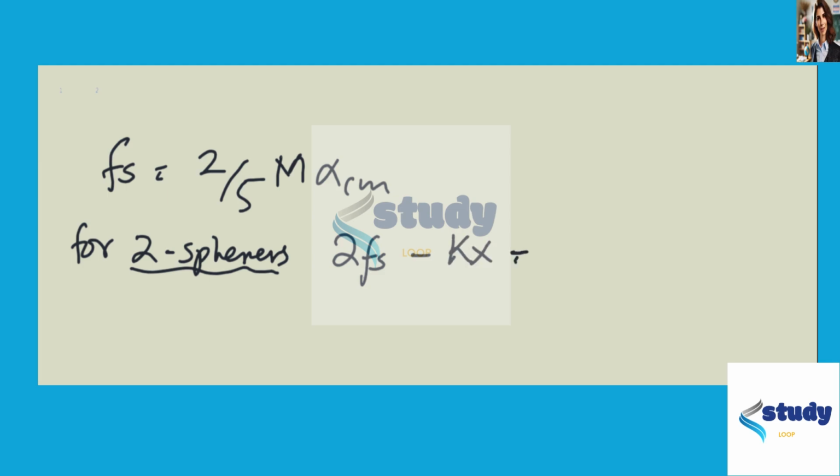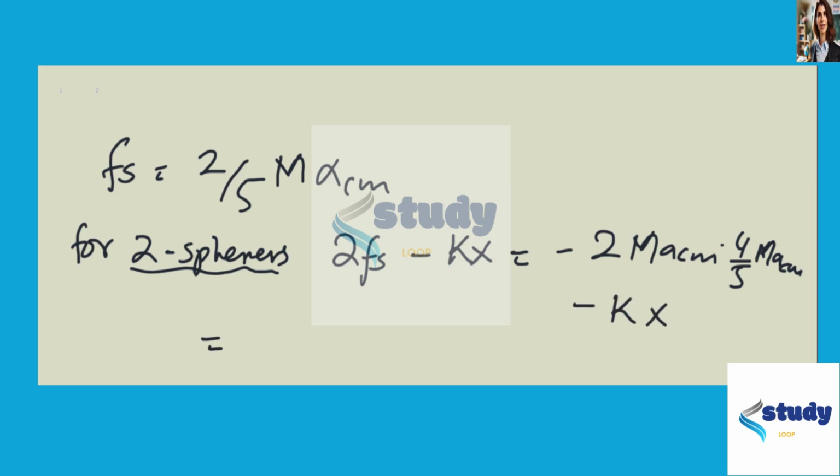For two spheres, we can write 2 times the force of friction minus kx is equal to minus 2 m a center of mass, which is minus 2 m a center of mass equals 4/5 m a center of mass minus kx.